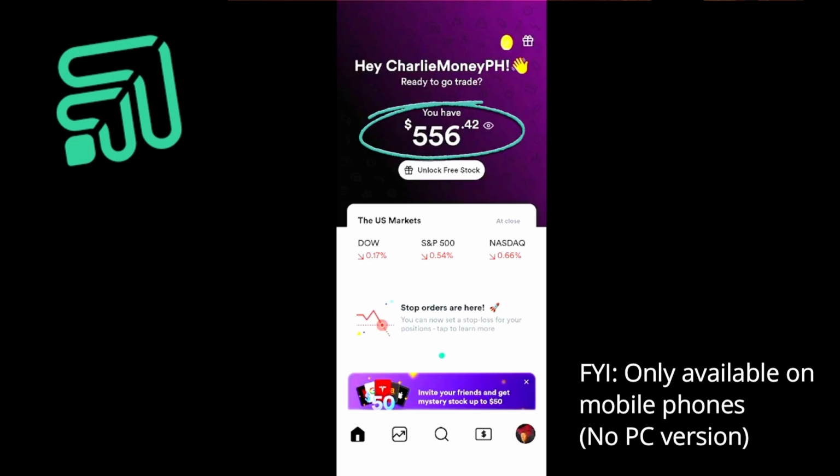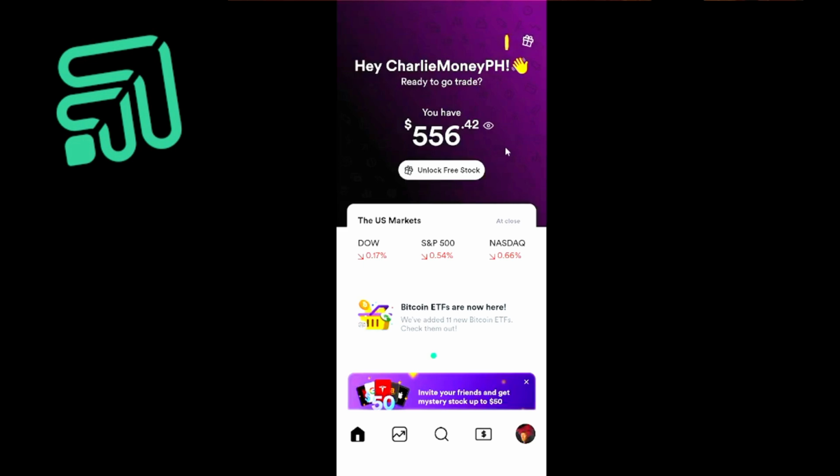Basically, this is the total amount that you have inside your trading account. Okay. Later I'll explain this one because they mix the one that's on your wallet and the funds that you are trading already.